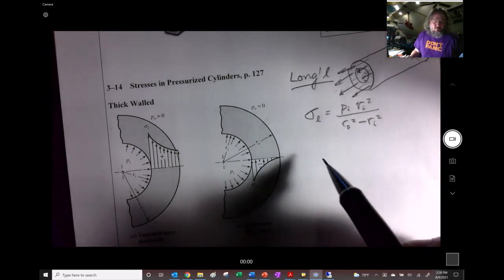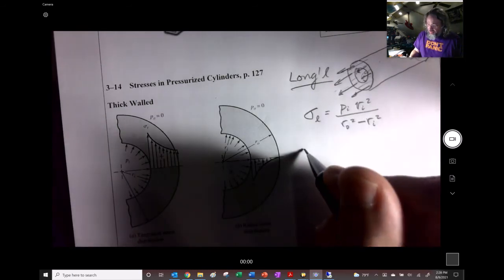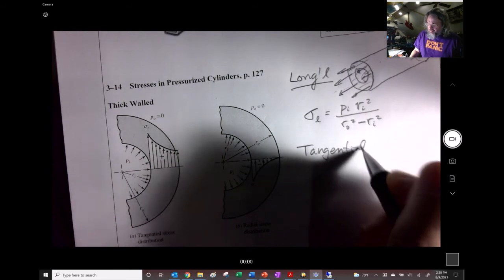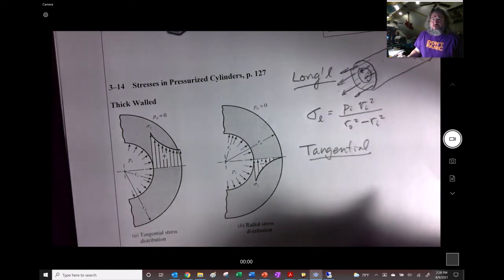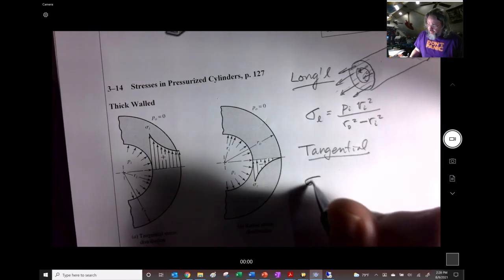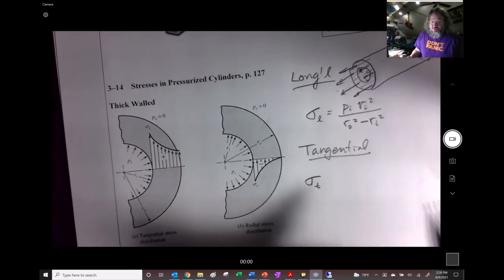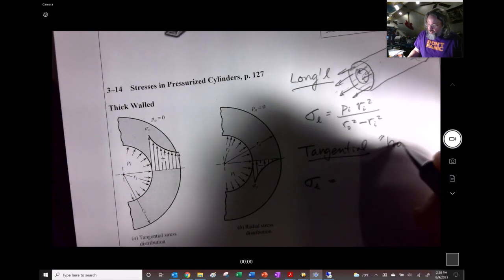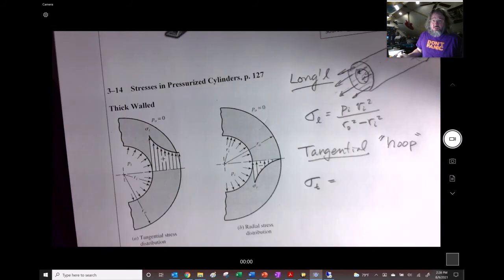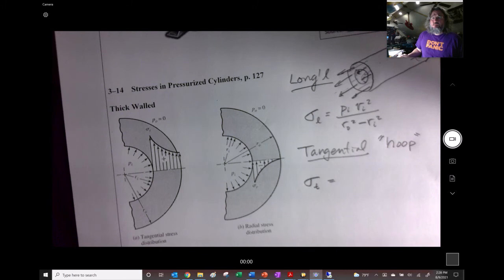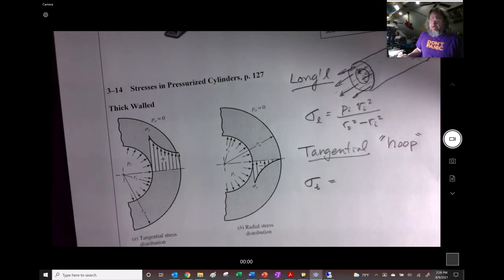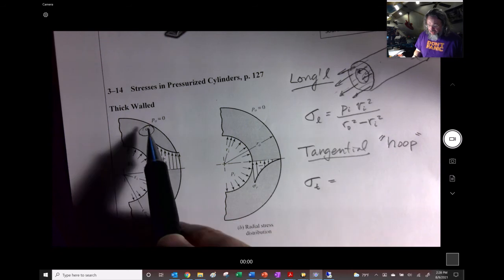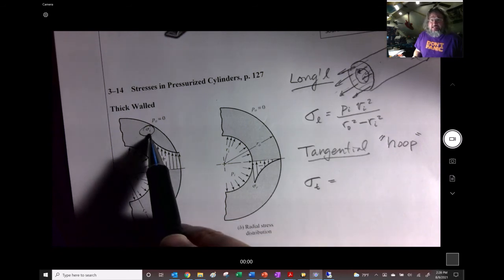You'll notice that there is no distribution symbol there for your longitudinal stress. Now the very last one that we have to worry about is this tangential stress, and it's probably one of the most important of the stresses. We give it a little subscript T. But another name you'll hear for it is hoop stress. What does that mean? This is symbolizing the sigma T right there.